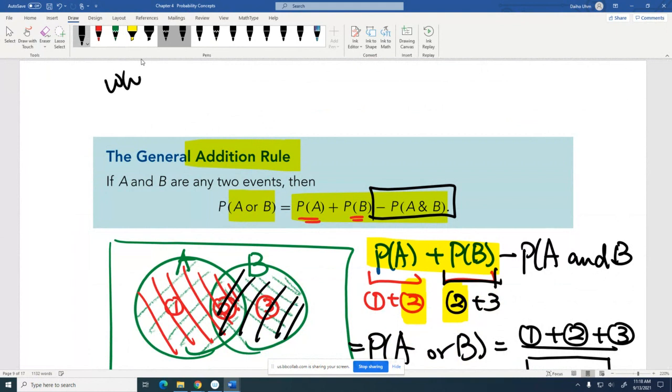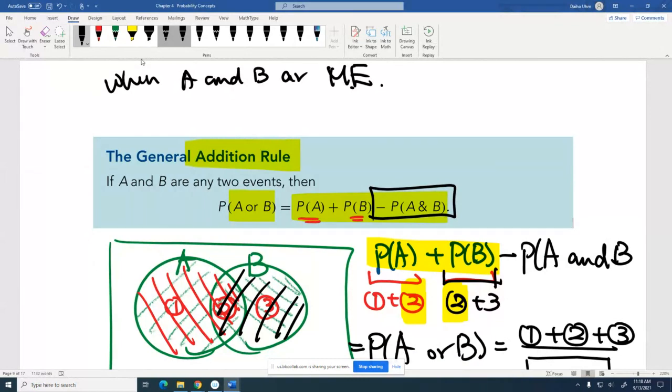When A and B are mutually exclusive, absolutely, before we apply the special addition rule, but we can even apply the general addition rule. So please look at the general addition rule.